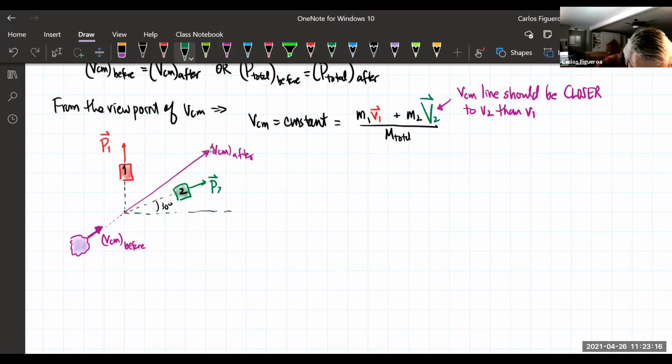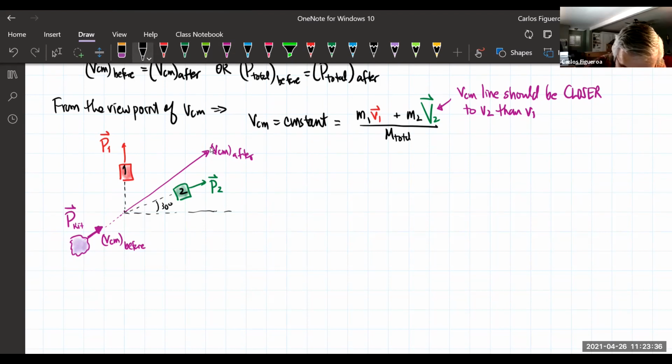This is the momentum of block 2. And this guy is the momentum of the mess kit. And the momentum of these two must be equal to each other.